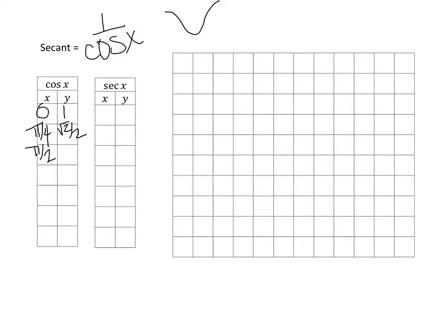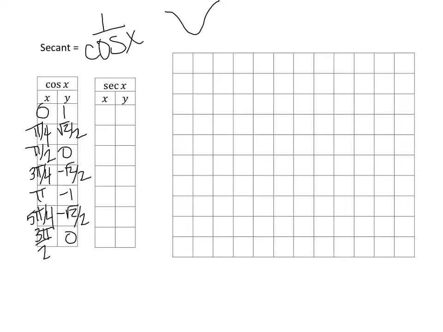Pi over 2, 0. 3 pi over 4, negative radical 2 over 2. Pi, negative 1. 5 pi over 4, negative radical 2 over 2, and 3 pi over 2, I'm going to be back at 0.